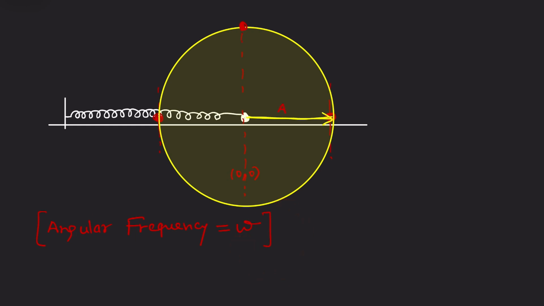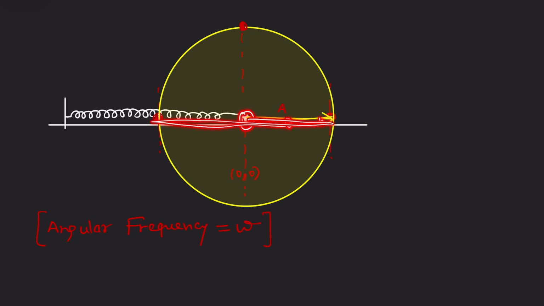Then what is my claim? My claim is that the shadow of this particle on this x-axis, if I call this the x-axis or the horizontal table, is going to show the position of the actual particle.